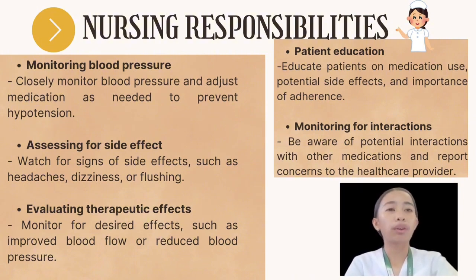So we need to monitor for effects such as improved blood flow of the patient or reduced blood pressure. Next, we need to provide patient education. We need to educate patients on medication use, potential side effects, and importance of adherence. Lastly would be to monitor for interactions. Be aware of potential interactions with other medications and report concerns to the healthcare providers.